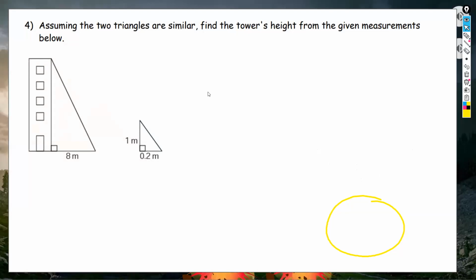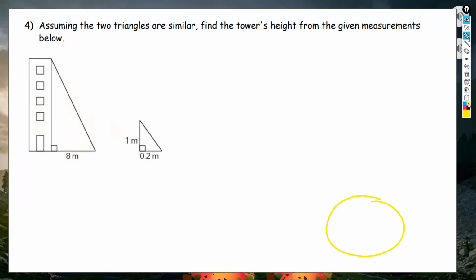All right, so here are 2 similar triangles again, but the examiner has just tried to disguise it. There's a baby triangle and the other one is a building, but if you look carefully, you will see a triangle. They want to find the height of the building, the tower, so they want you to find this vertical line.